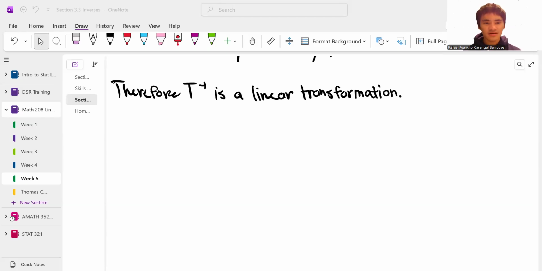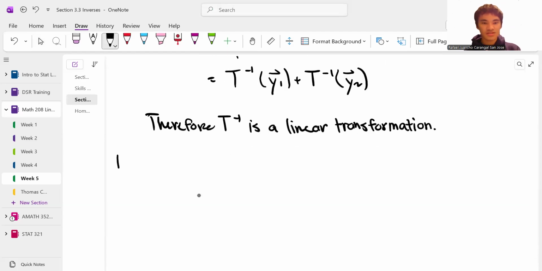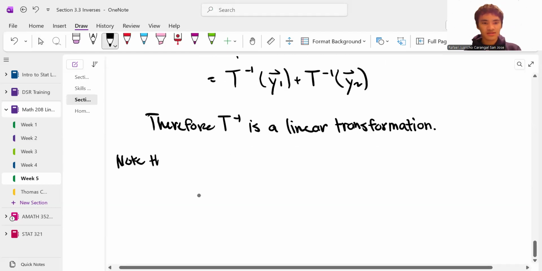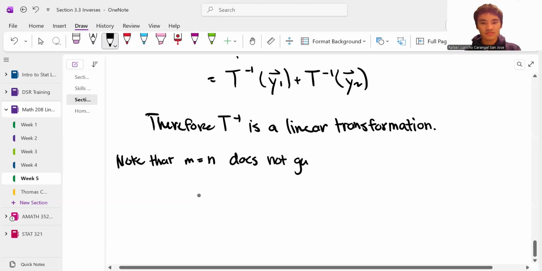Okay, so let's note that M equal to N does not guarantee the inverse. Let's do an example.